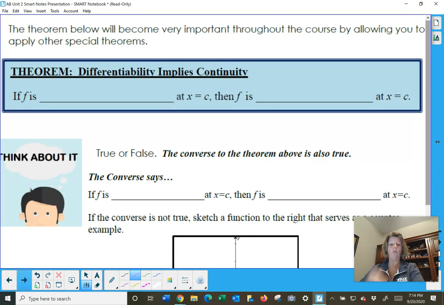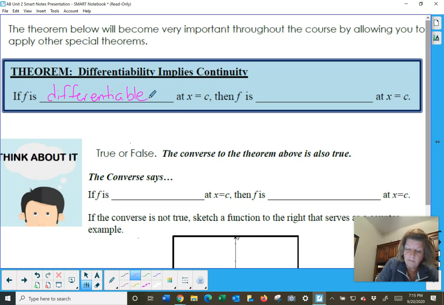The theorem below will become very important throughout the course by allowing you to apply other special theorems. So this theorem, differentiability implies continuity. If f is differentiable at x equals c, then f is also continuous at x equals c.